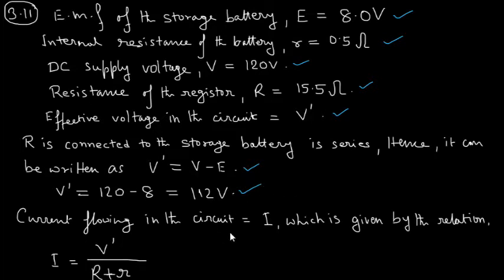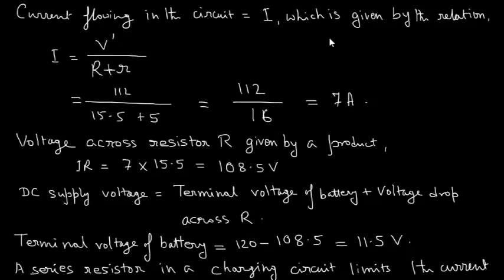Current flowing in the circuit is I, which is given by the relation I is equal to V dash upon R plus r. Putting the value of V dash as 112, R as 15.5, r as 0.5, we get 112 upon 16, that is 7 ampere.